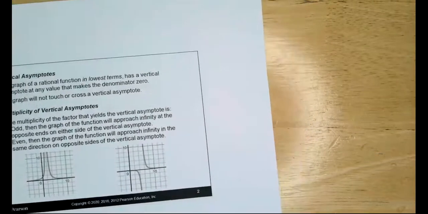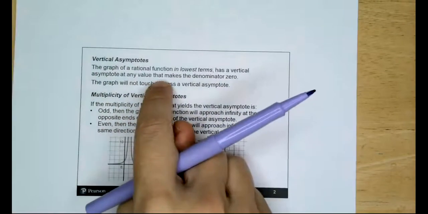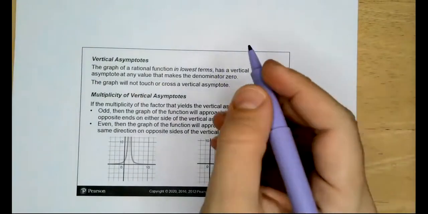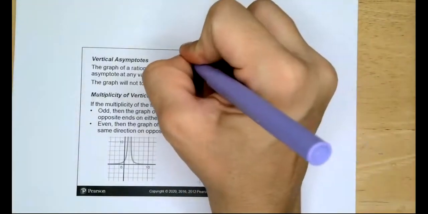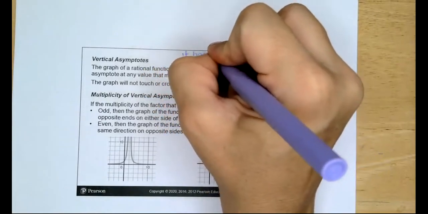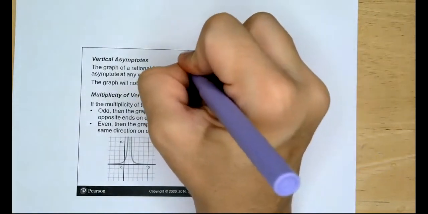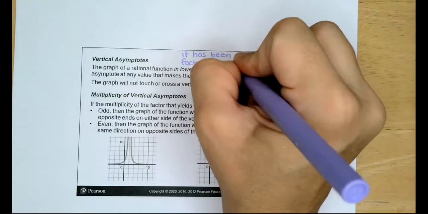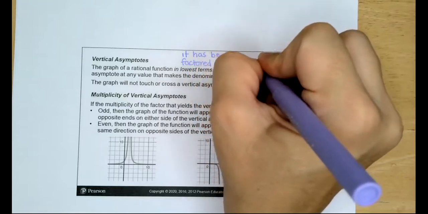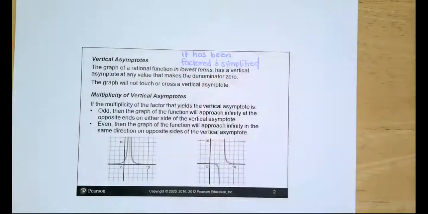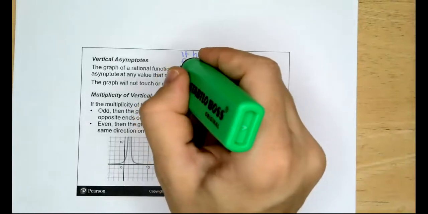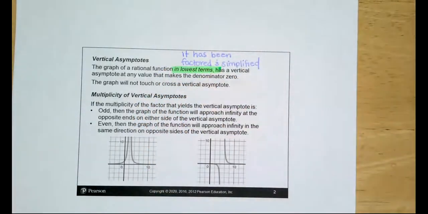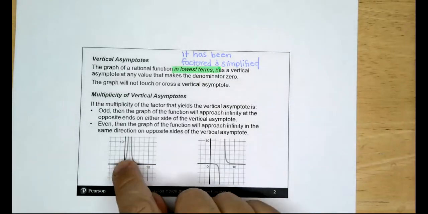Okay, so vertical asymptotes: the graph of a rational function in lowest terms, which means it has been factored and simplified, has a vertical asymptote at any value that makes the denominator 0. So this is what it looks like.